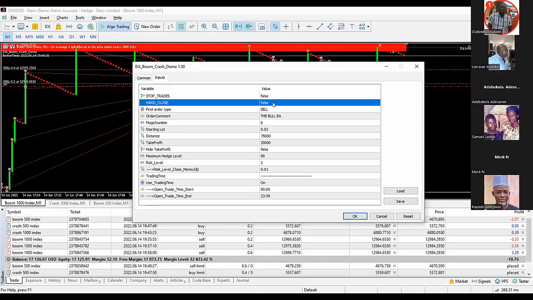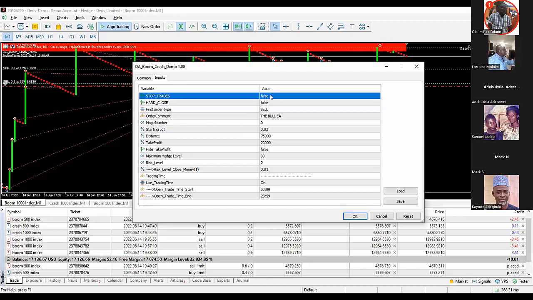Then we move to the second option, which is add close. What does add close do? If you set add close to true, it's going to close all open trades, either at profit or at loss. It is going to close all of them immediately you turn it on, and when it closes everything, it tells the robot that it should not trade anymore. Let me tell you again the difference between these two.